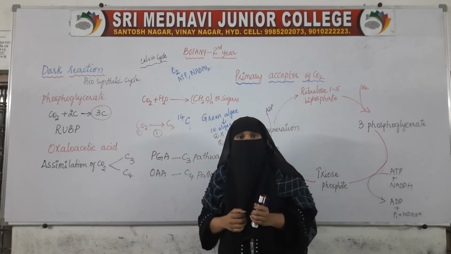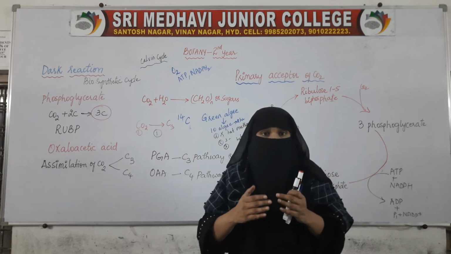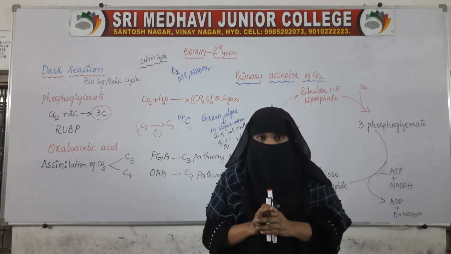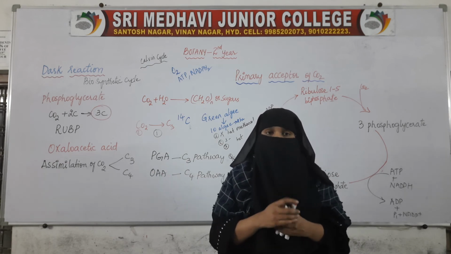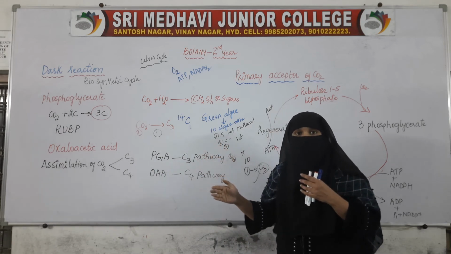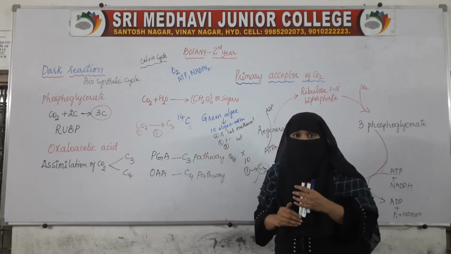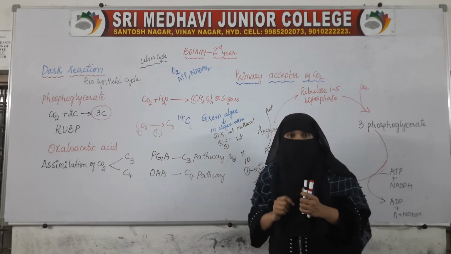They researched how carbon dioxide is changed, and Melvin did his experiment and found what different products are formed at different stages. He found that the first compound is a 3-carbon compound.